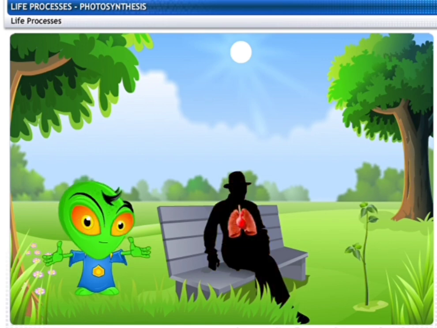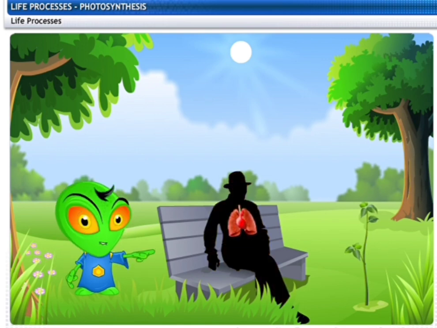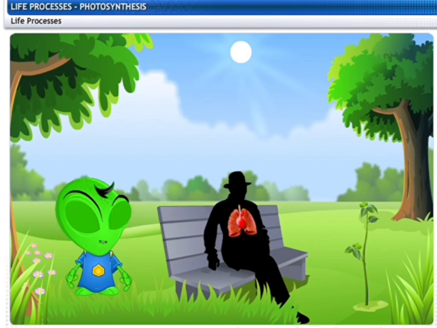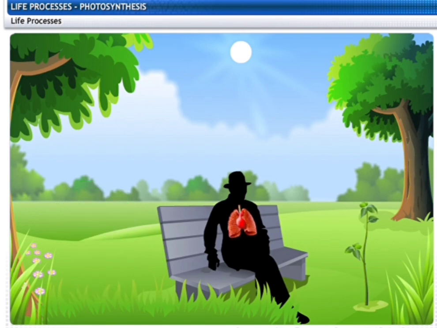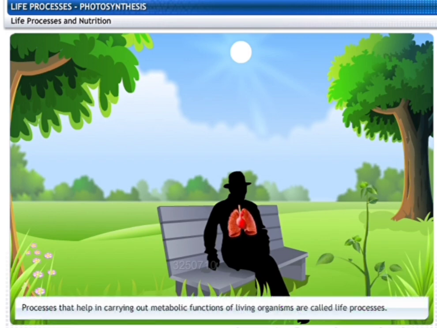I wonder, do the functions of living organisms stop when they are sitting or sleeping? Living organisms perform functions like synthesizing proteins and growing even while they don't seem to be doing anything specific. The processes that help in carrying out these metabolic functions are collectively called life processes.